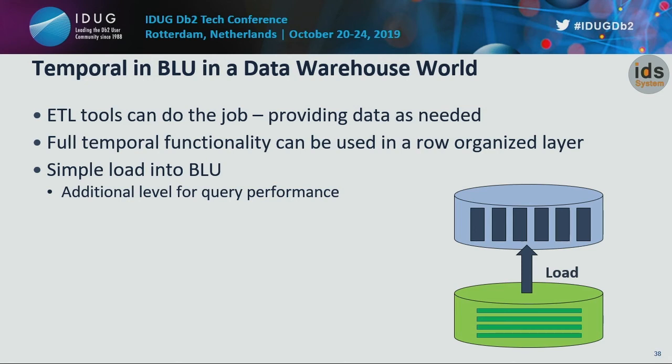And then we introduced just another organizational layer, which is BLU, and we just pump data up with a simple load, just do a one-to-one copy without logic. So from row to column-based, I got my system time and business time in here, and it just gets pushed up. That's it. That could be a solution.